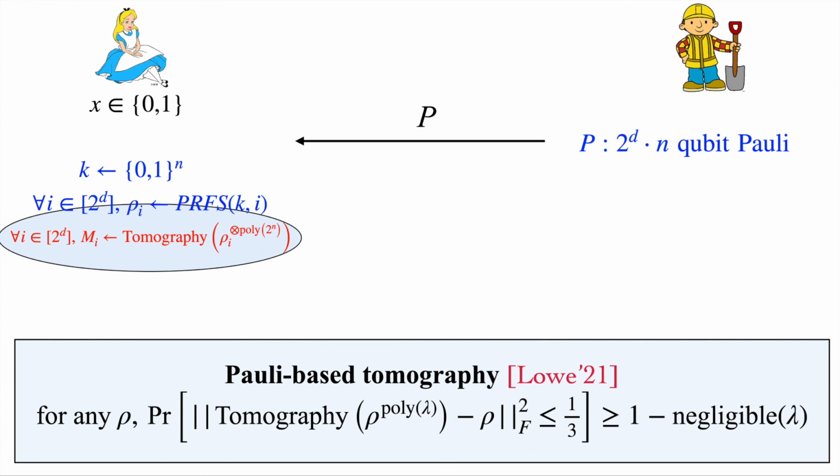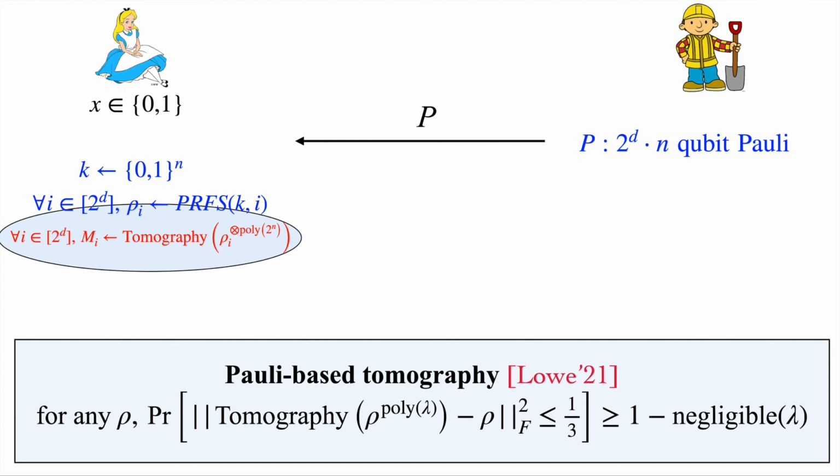We use the Pauli-based tomography procedure due to Lowe, who shows that the difference between the output of the tomography procedure and the original density matrix, if you take the square of the Frobenius norm of this quantity, is at most 1/3 with overwhelming probability.